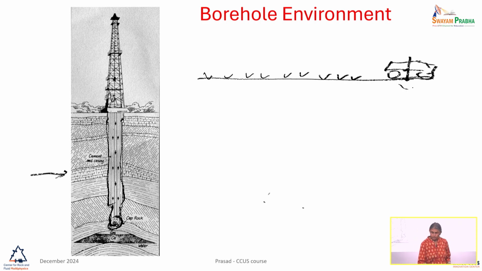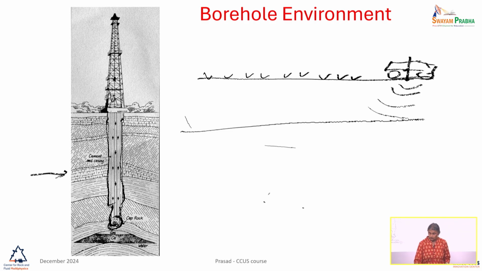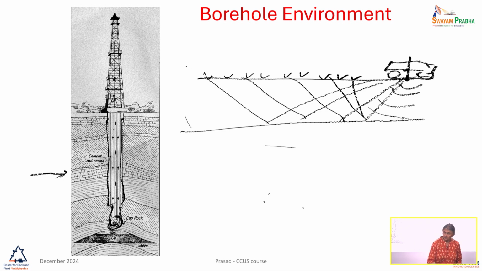So that will put in sound waves like this. What that does is it travels through, and you get reflections and refractions coming back. Whatever comes back, you reconstruct what structure you have. So that's the first piece of information.